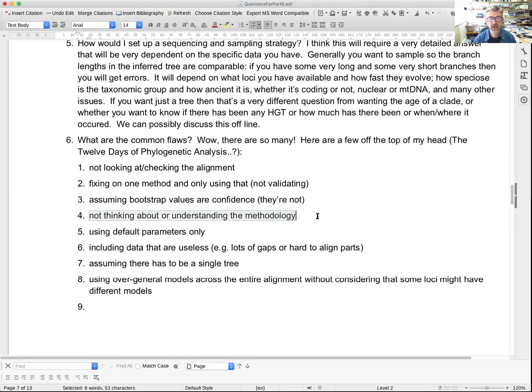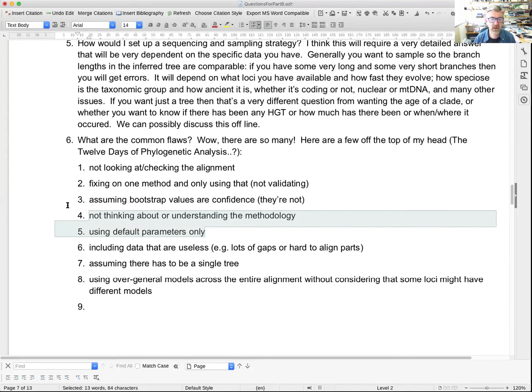Point 4, not thinking about or not understanding methodology, which is related to point 5, using the default parameters only, is really not something that we should be admitting happens. When you're doing a phylogenetic analysis, you should know how it's working. I've seen a few student presentations and talks and occasionally papers that make me a little bit suspicious that the authors actually haven't understood what the methodology is doing.